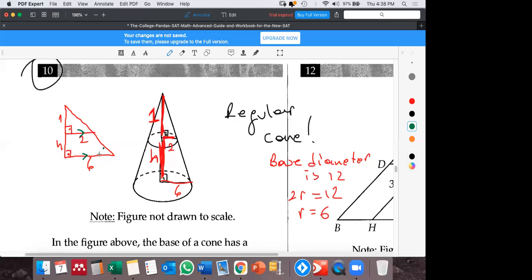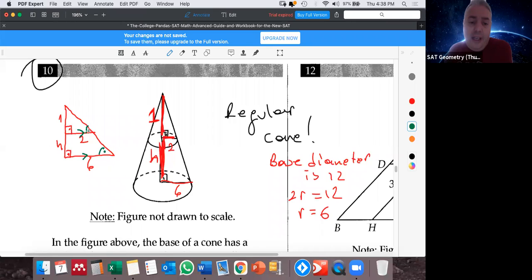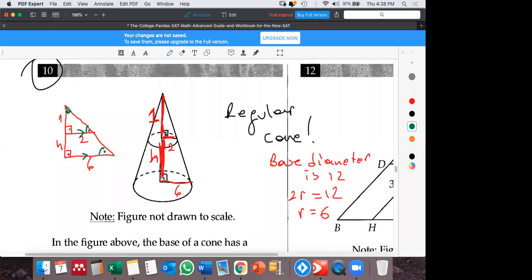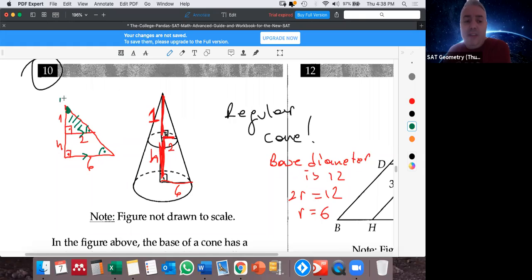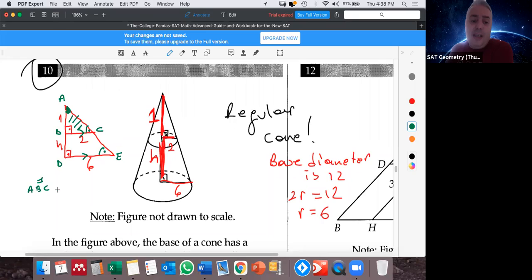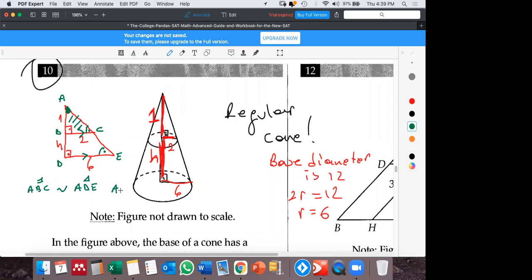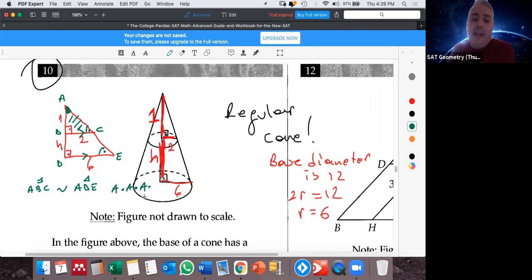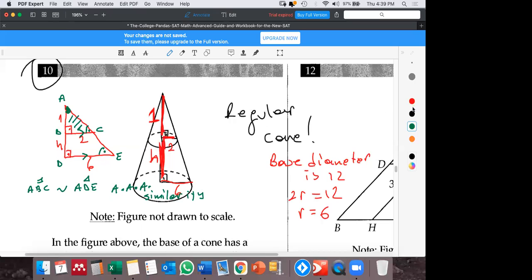This angle is equal to this angle, and this vertex angle is common for the small triangle and for the big triangle. If I call the points A, B, C, D, E, can I say that triangle ABC is similar to triangle ADE? Yes, by angle-angle-angle similarity.